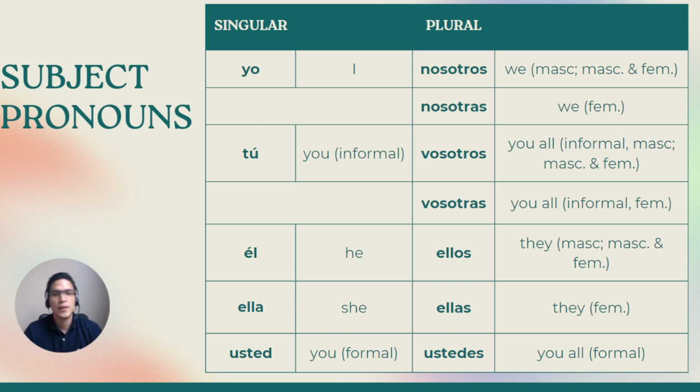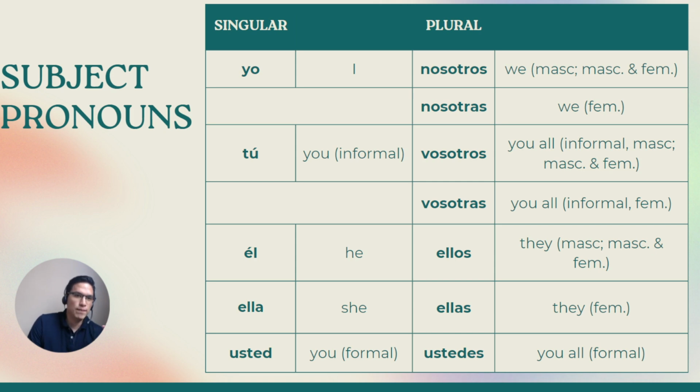In Spanish, the pronouns for we, they, and the plural form of you each have masculine and feminine versions. Furthermore, Spanish distinguishes between formal and informal you in both singular and plural forms, resulting in 4 different pronouns for you. So let's see what are the subject pronouns in Spanish.